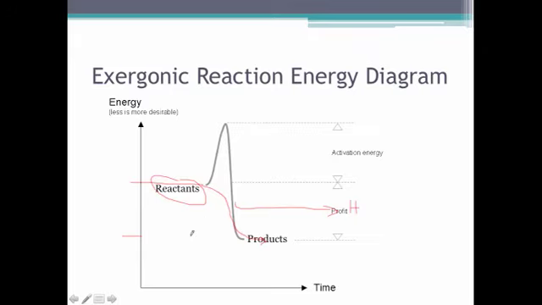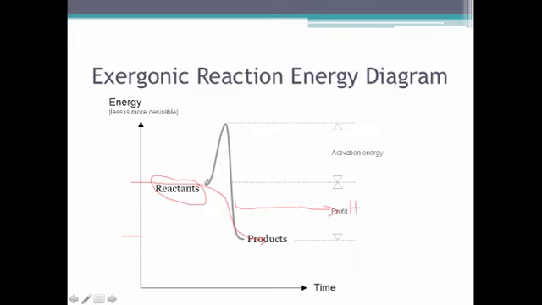So it's not surprising that things like petrol, for example, when you burn it in oxygen, you produce large amounts of energy, and the reason for that is because the oxygen and the petrol are at a very high energy level, and the products that are produced, mostly carbon dioxide and water, are at a quite low energy level.